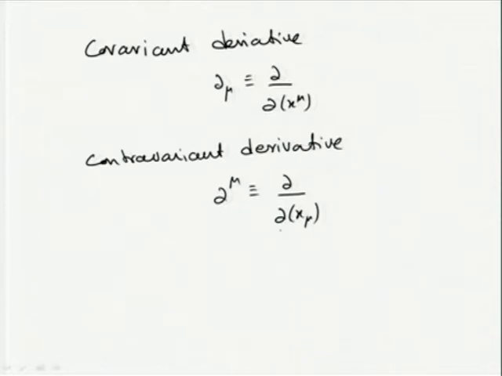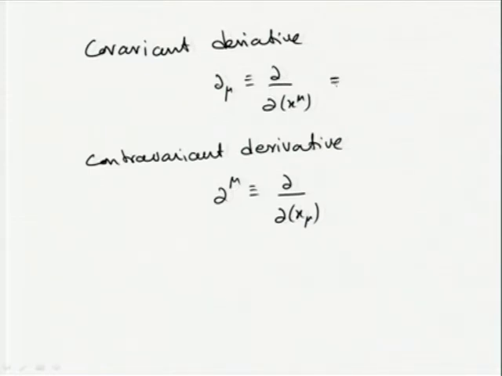When you have the subscript on ∂_μ, this is a covariant vector like the earlier notations, but it corresponds to the derivative with respect to the contravariant x^μ. Similarly, when we say contravariant derivative, it is a superscript on the partial derivative operator, equal to the partial derivative with respect to the covariant x_μ.